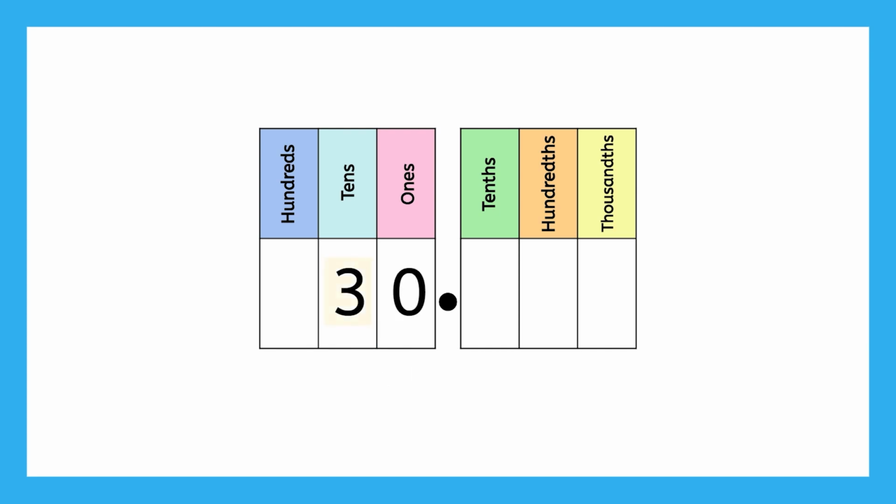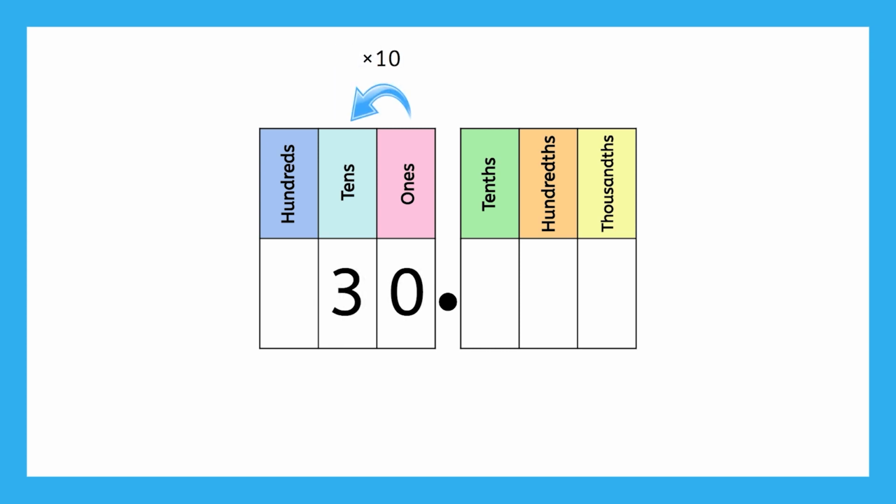The 3 is now 10 times greater than it was in the ones place. If we multiply 3 ones by 100, we get 300. Now the 3 in the hundreds place is 100 times greater.